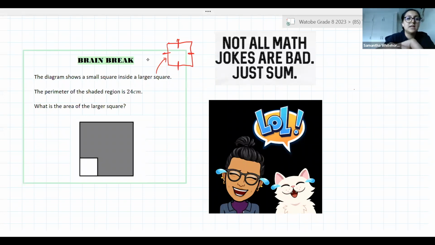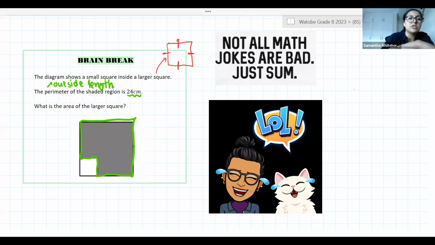It then goes on to say that the perimeter of the shaded region is 24 centimeters. Now, perimeter is the outside length. I always think of perimeter as if I was putting a fence around my shape, what is the length of fencing I would need? So the perimeter of the shape that I'm talking about is that of the shaded shape that I've outlined in green there.